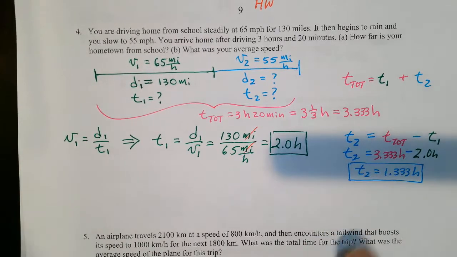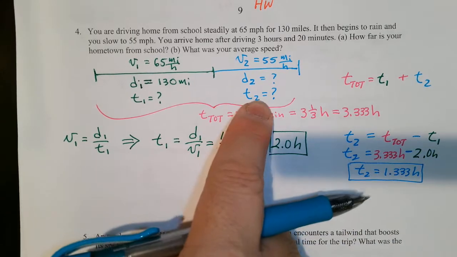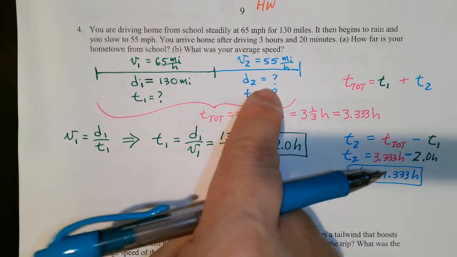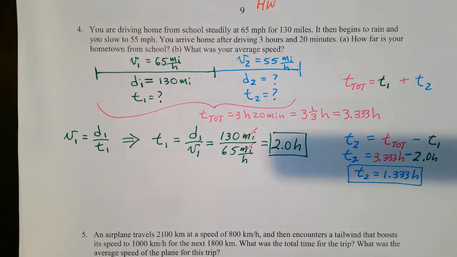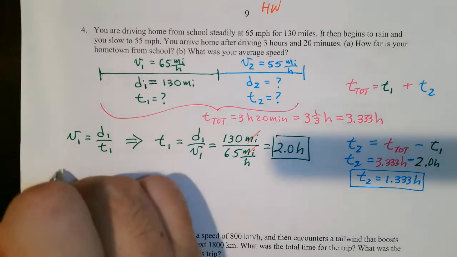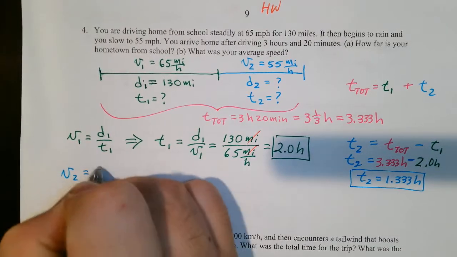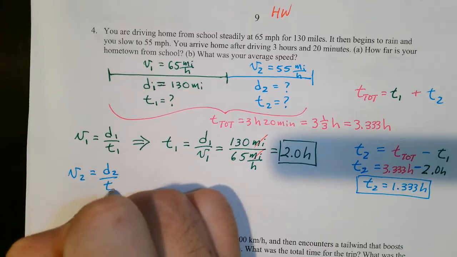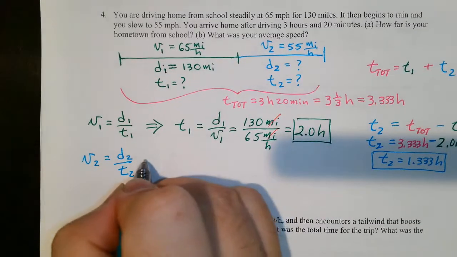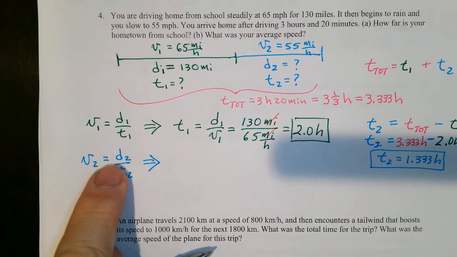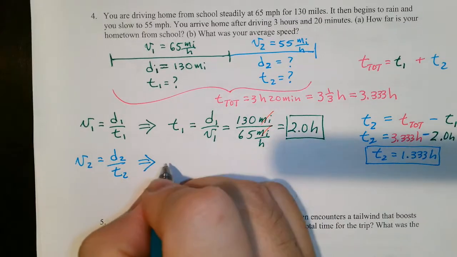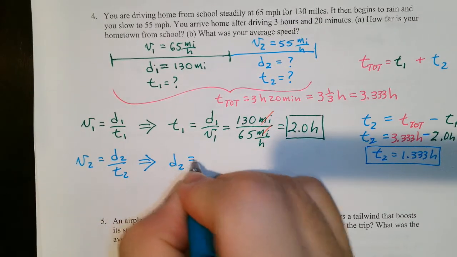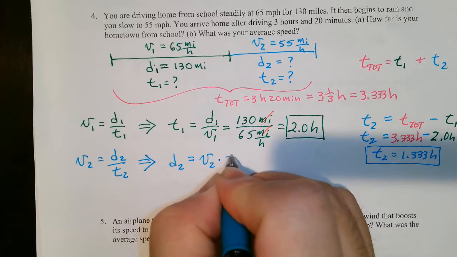So now that we know that, we can use this here to figure out the distance traveled. All right. So now we say V2 is equal to D2 over T2. So if we were to solve for D2, now we can say D2 is equal to V2 times T2.